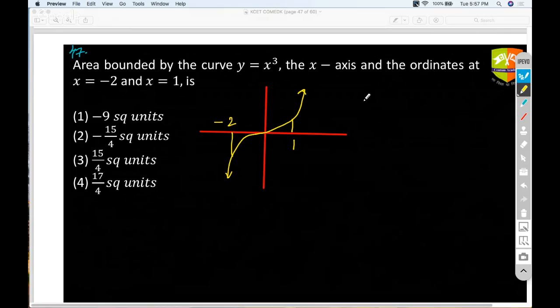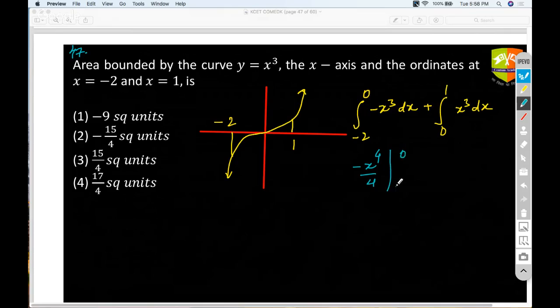Okay. So in case of -2 to 0, you would actually be integrating negative x cube. And from 0 to 1, you will be integrating x cube. So this will give you negative x to the power 4 by 4 and x to the power 4 by 4. So this is going to be 1/4. And this is going to be plus 16 by 4.